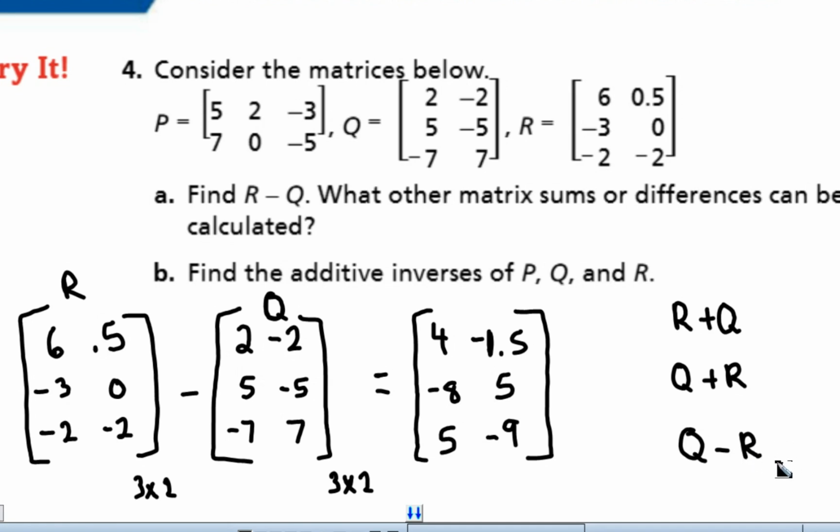Yeah, we could do that too. All right. So we can do all of these. Well, how about P plus Q? No, this is 2 by 3, right? And these are 3 by 2, so that's not an option. So we can't do addition or subtraction with P at all. Okay? Not at all.